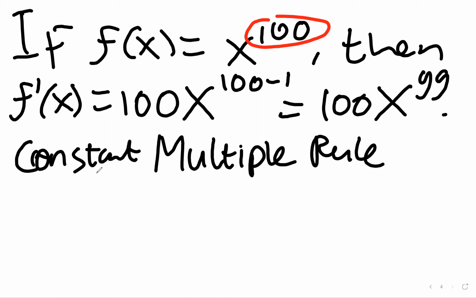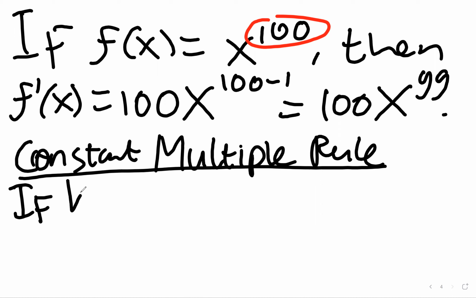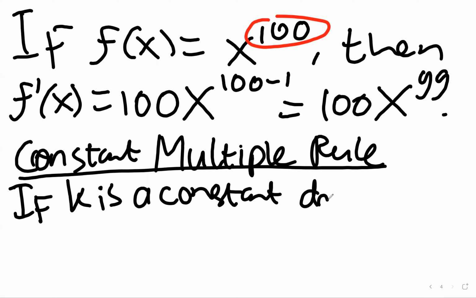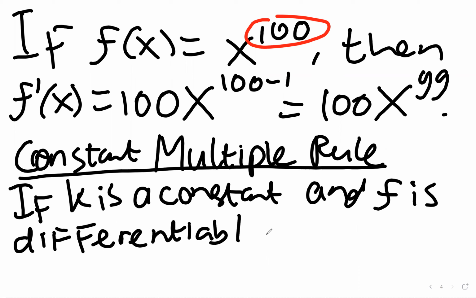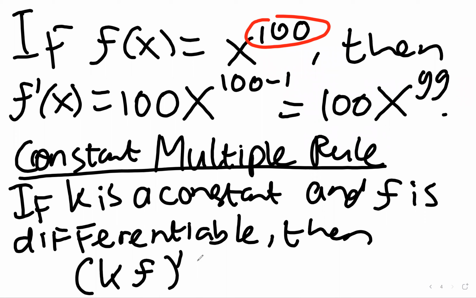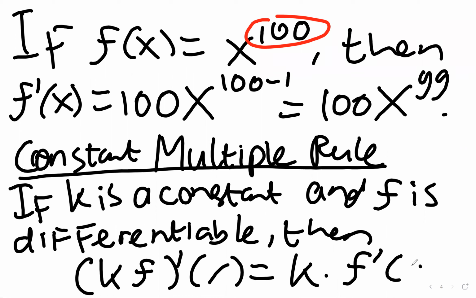For the constant multiple rule, if k is a constant and f is differentiable, meaning f has a derivative, then the derivative of k times f equals k multiplied by f prime of x.